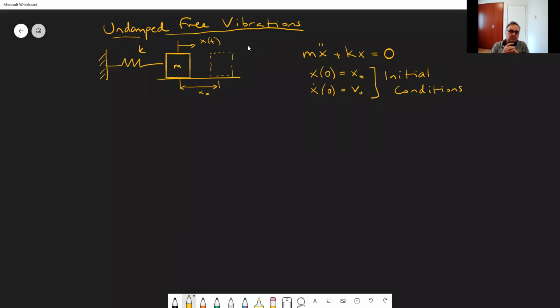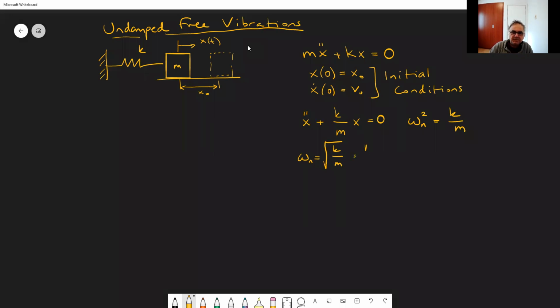We want to solve the equation of motion, but we will define something first. We will modify this equation as follows: divide everything by m. It's the same equation. And we will define the natural frequency squared, omega n squared, as k over m, where omega n is the root of k over m.